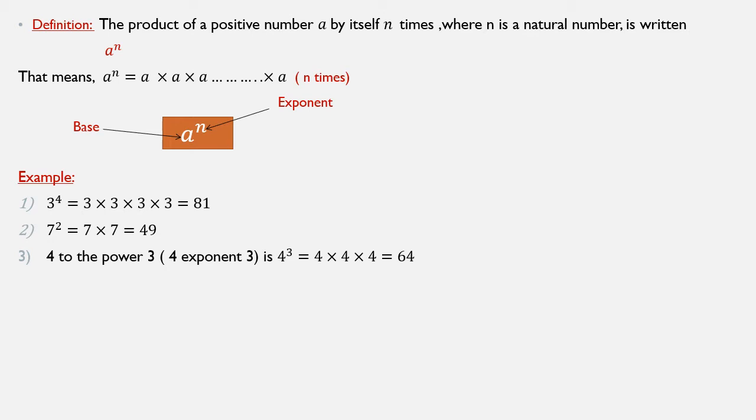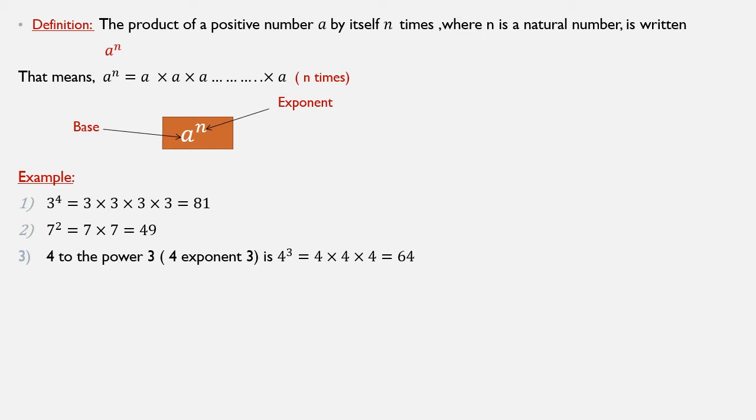That means a to the power n is equal to a times a times a, etc., n times. n is called the exponent and a is called the base.